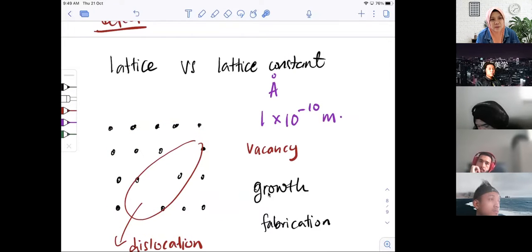Who cares if your chip is ugly, because outside you still have the casing. The problem is when the defects affect the electronic properties. That is when we are concerned.